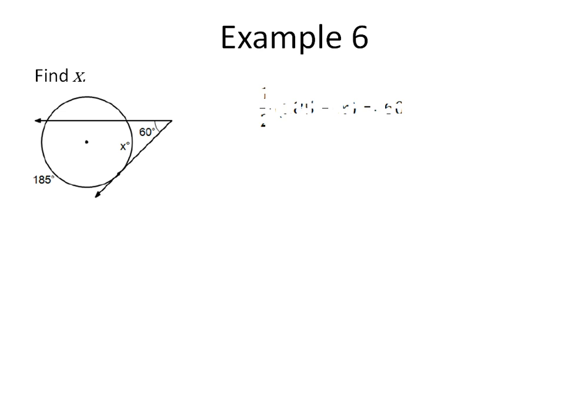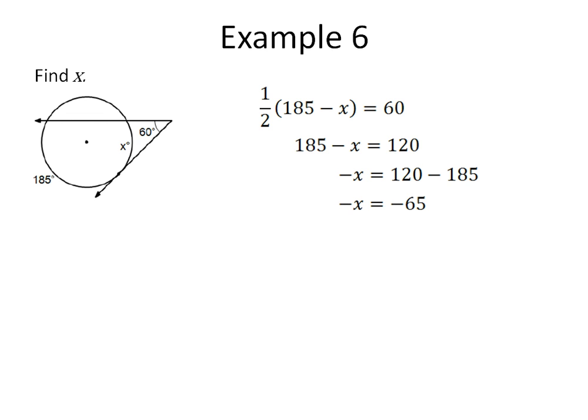So the way we do this is simply this: 1/2 of the 185 minus x is equal to 60. Okay, use the handy dandy fraction killer, multiply both sides by 2, gives you 185 minus x equals 120. Subtract the 185 from both sides, so negative x equals negative 65. Divide by negative 1 gives us x is equal to 65.